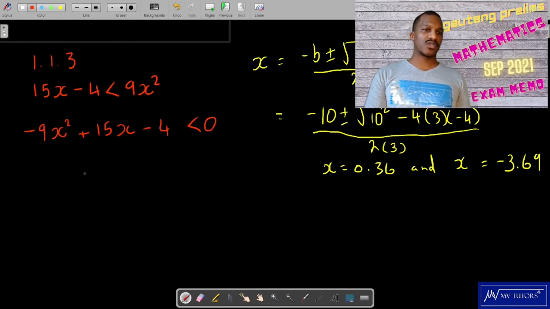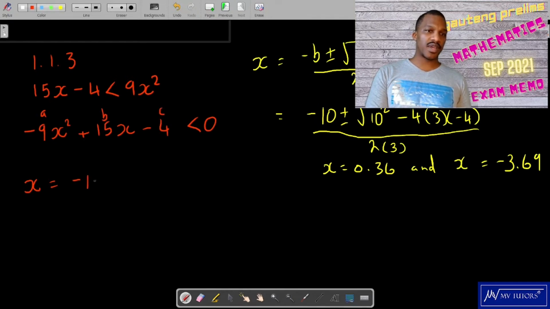Okay, so we need a graph for this. I prefer the graph method. Because my coefficient of x squared is negative, I know that it's going to be a sad graph, but before we get there, we need to solve for our x values. And for that, once again, we will use the quadratic formula. I'm not going to rewrite it, but I am going to fill it in.